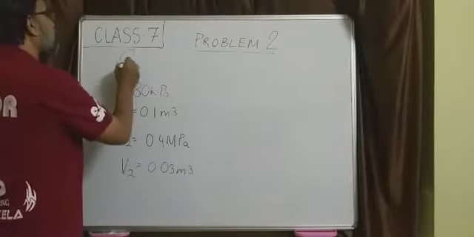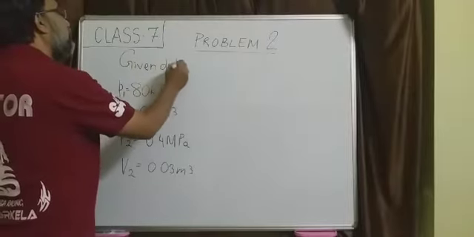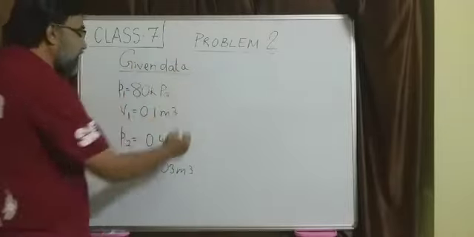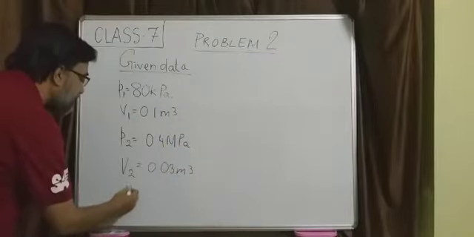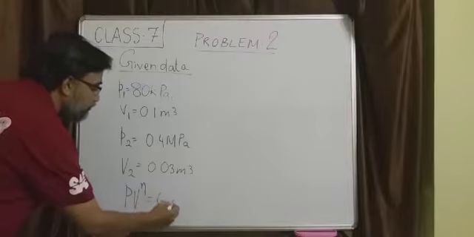Okay, so these are the given information, given data. So you have to make a list of given data, and what else is given? The Pv to the power n is equal to constant. This is also given.